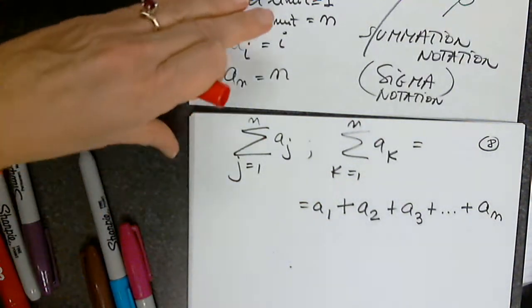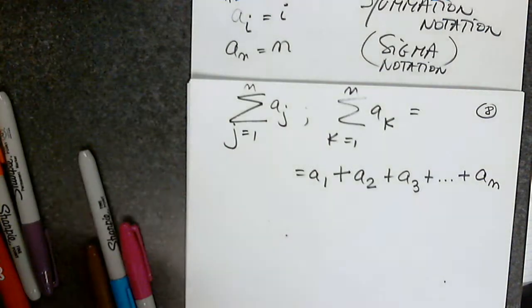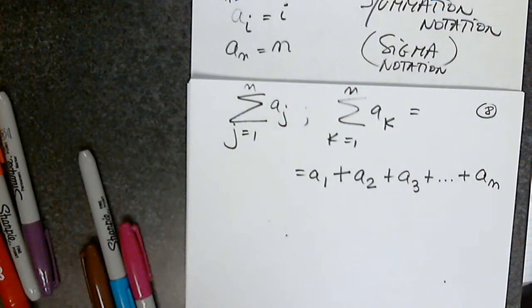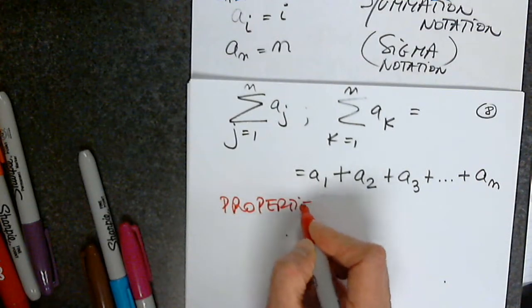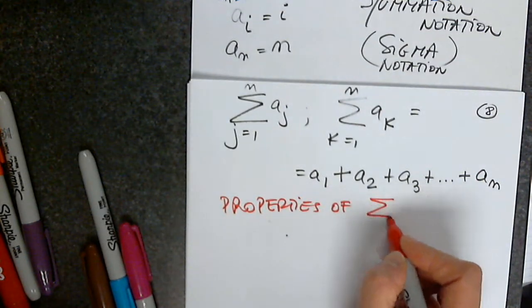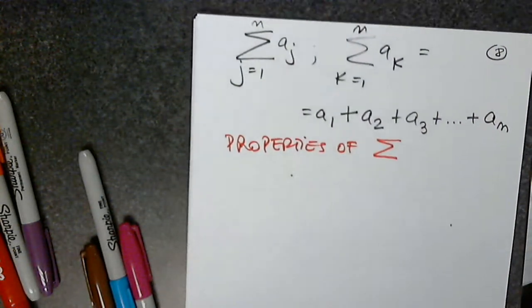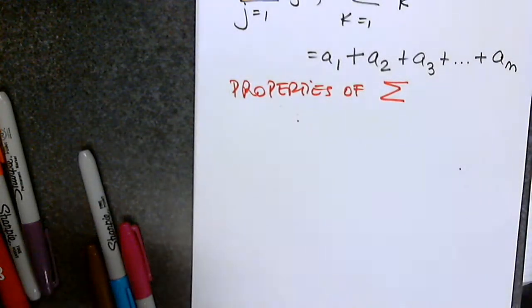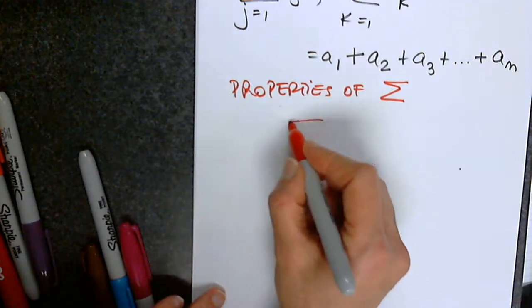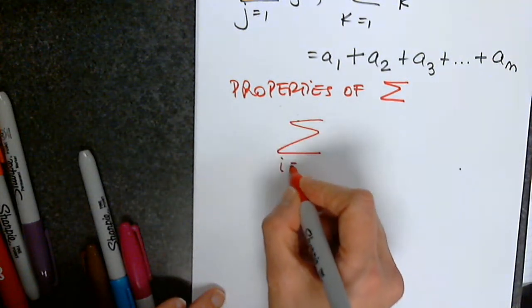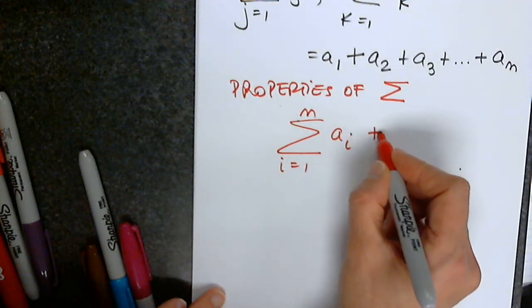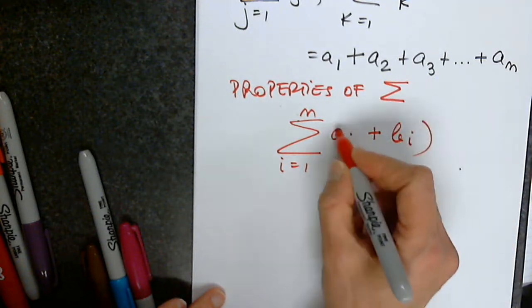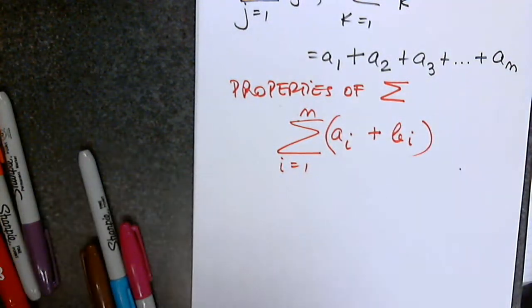Of course, once this notation was invented, 3 properties come along with it. Here are the properties of the sigma notation. 2 of them can be condensed, and I will condense them. The sum from i equals 1 through n of ai plus bi, and we can have subtraction.